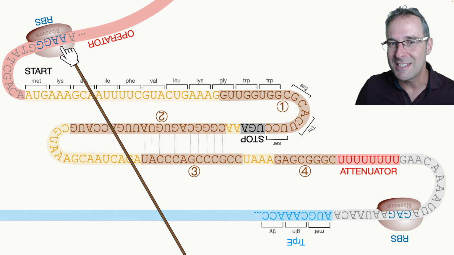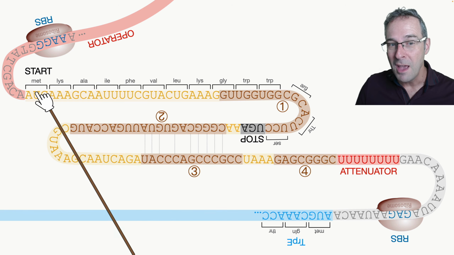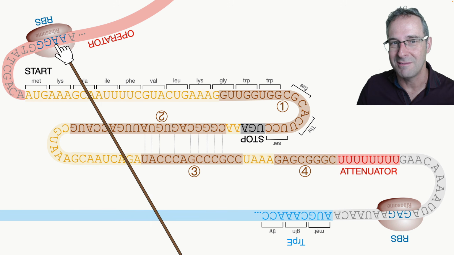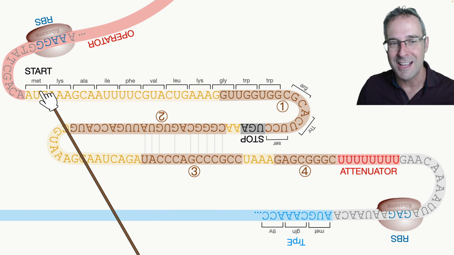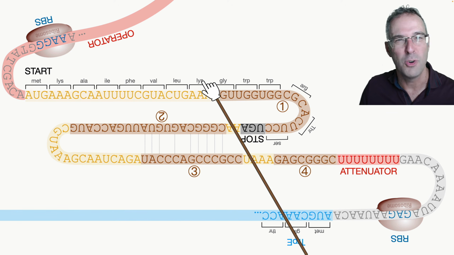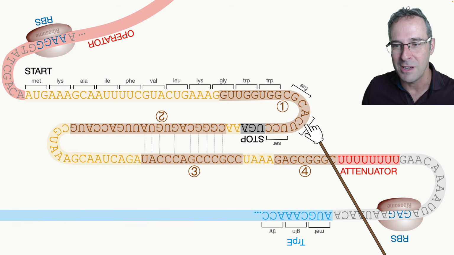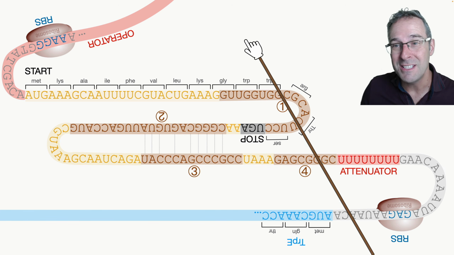This is the ribosome that binds upstream of the leader region. Notice there's a ribosome binding site with adenine and guanine in it. It binds there, runs along, and starts translating the 14 amino acids in the peptide from the leader region, and then it stops. And the ribosome leaves the messenger RNA at that point.